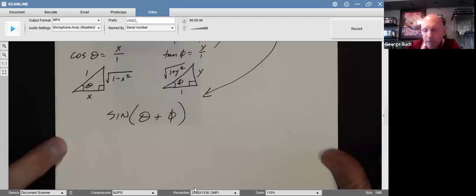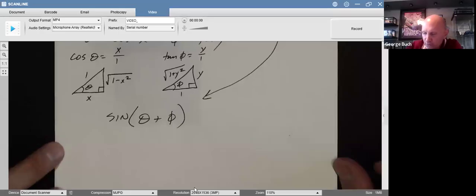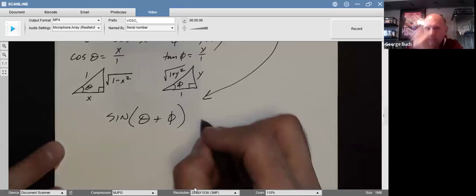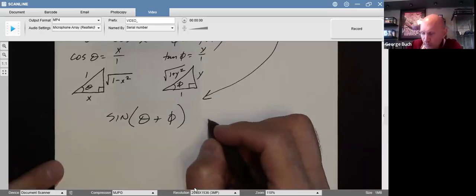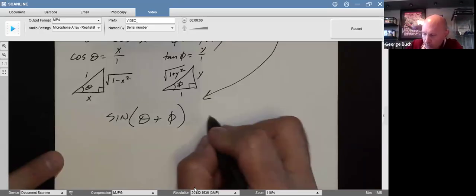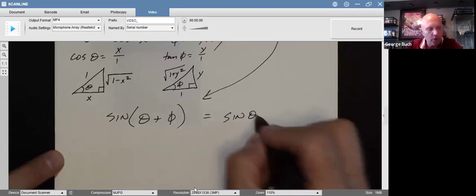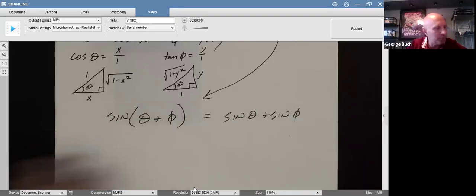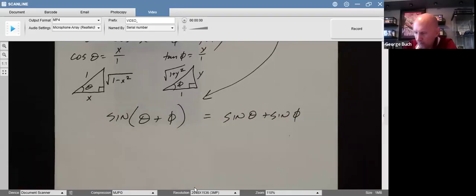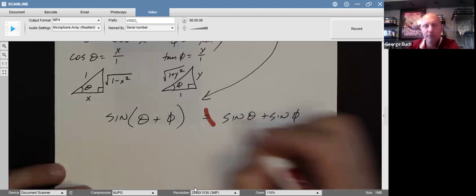And now be careful here because what some of you guys like to do is you totally forget that we have addition and subtraction formulas. And you're like, oh, this just means sine of theta plus sine of phi. No, it does not. Where's my big red pen? This is not equal to that.